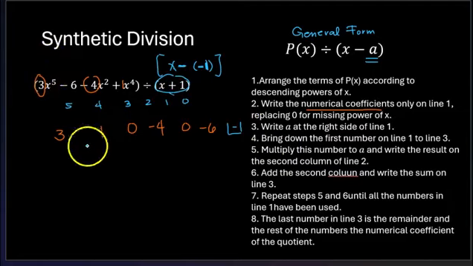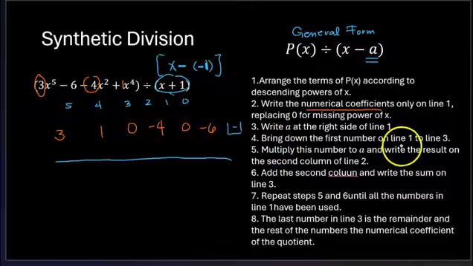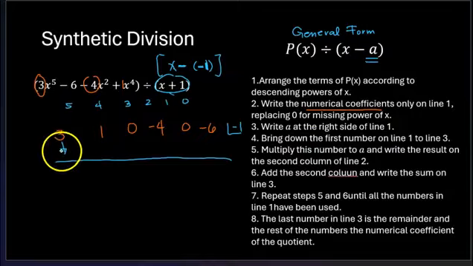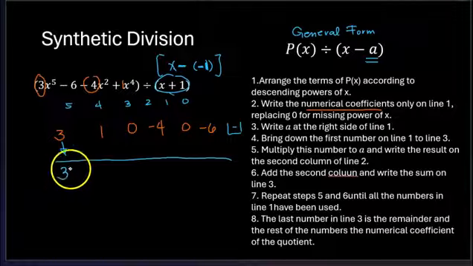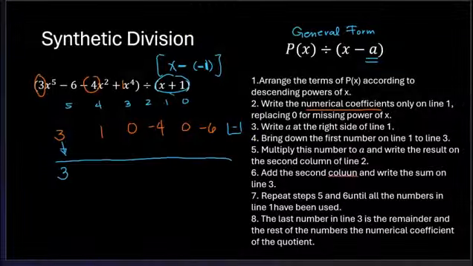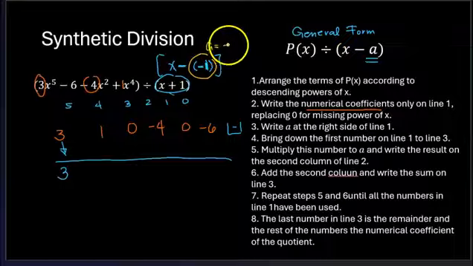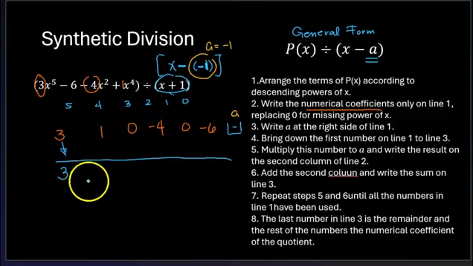Okay, so how do we proceed with the rule? So the first one is bring down the first number on line 1 to line 3. So this is line 3. Okay, multiply this number to a. So our a here is negative 1, just to clarify. So multiply the number to a.